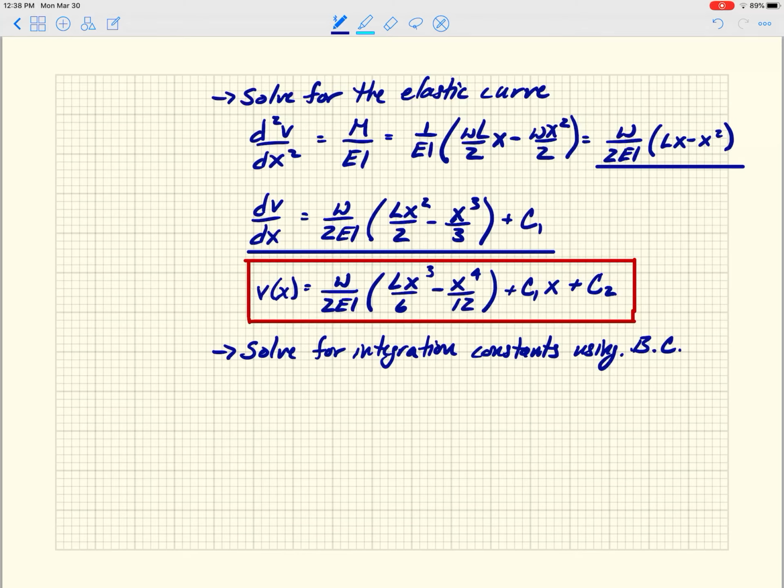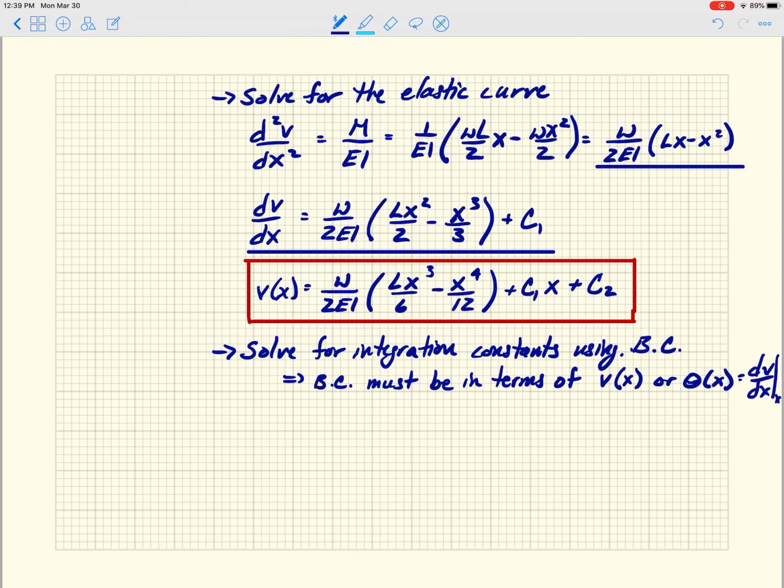Using boundary conditions. Pretty much the entire course, BC is going to be boundary conditions, right? The boundary conditions must be in terms of V of x or theta of x, which of course is equal to dv/dx evaluated at x.